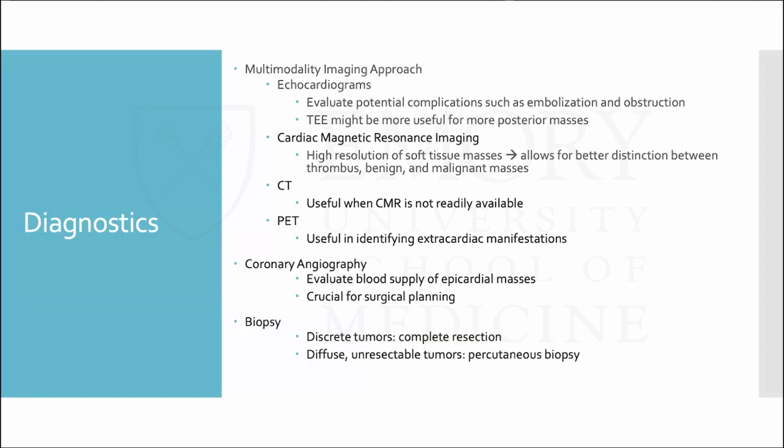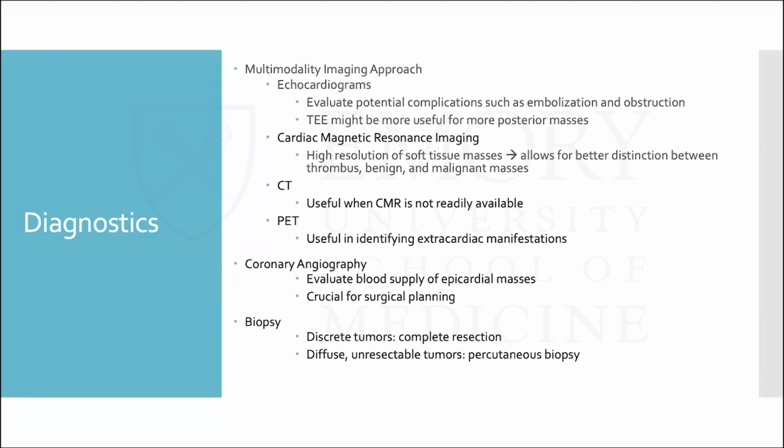And finally, the gold standard, like in other cancers, is biopsy. For discrete tumors, as I'll go into further later on, complete resection is the diagnostic approach because this could also be potentially therapeutic. However, there are certain tumors that are diffuse and unresectable, and at that time, you can consider percutaneous biopsy, with the risk of actually seeding the tumor elsewhere in the body.